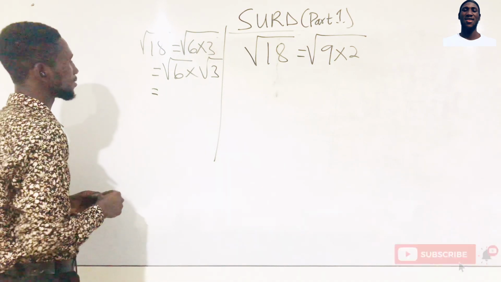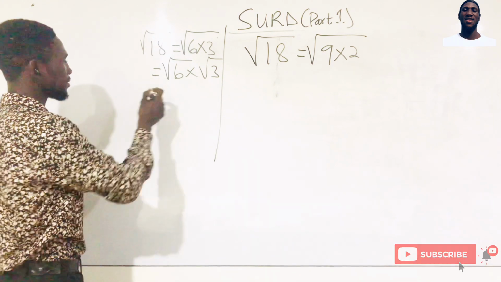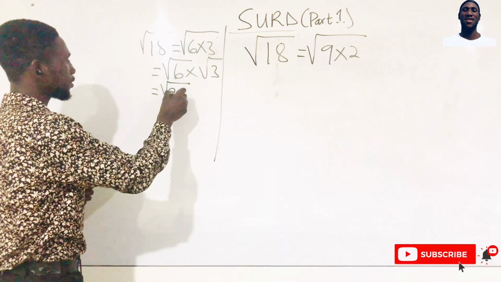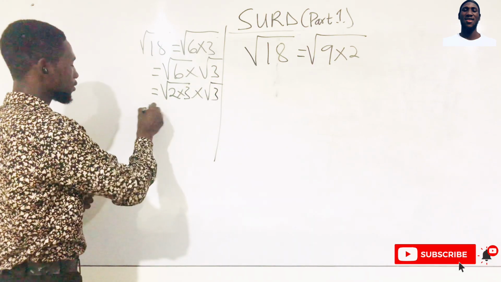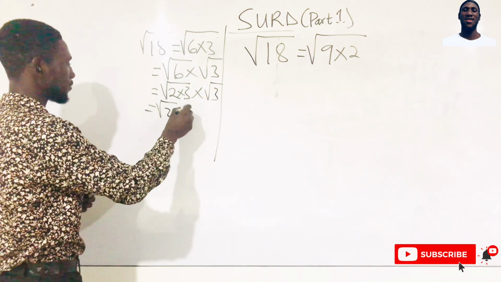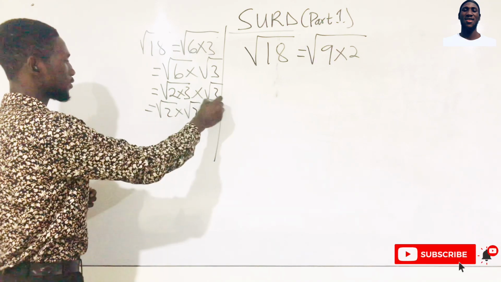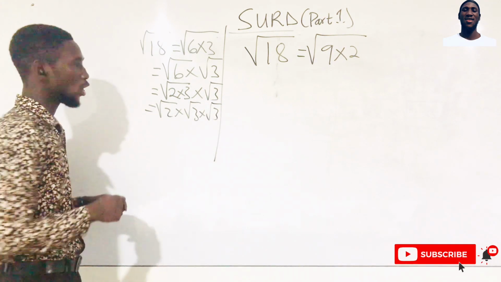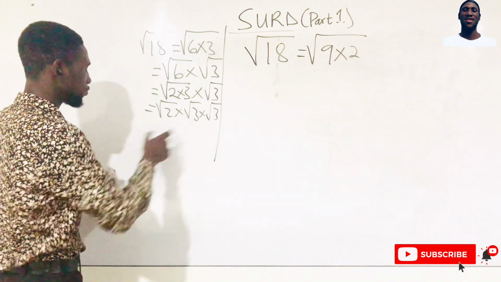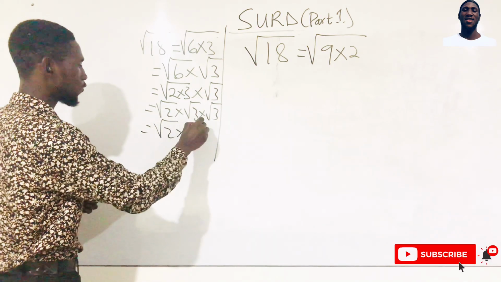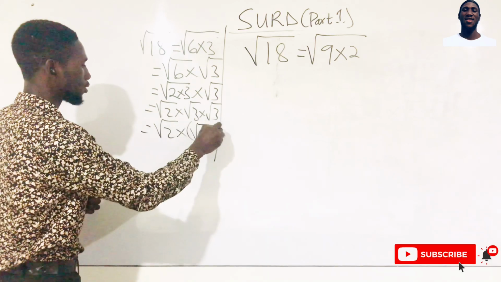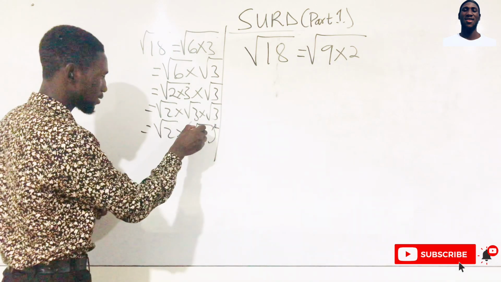You realize that over here you can break this down into 2 times 3. So by root of 3, so that you have root of 2 times root of 3 times root of 3. Multiplying these two, you are going to have root of 2 times root of 3 squared. So this takes care of this.